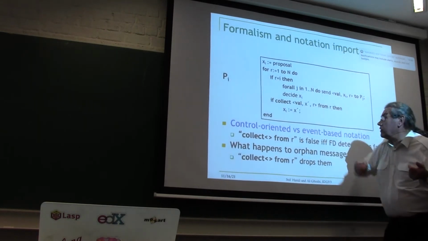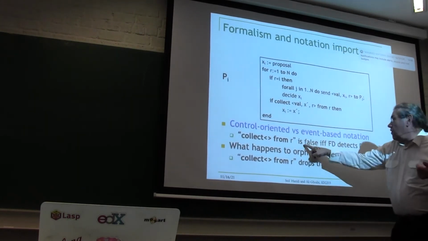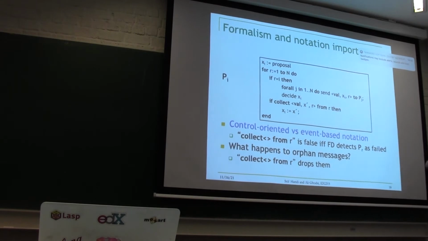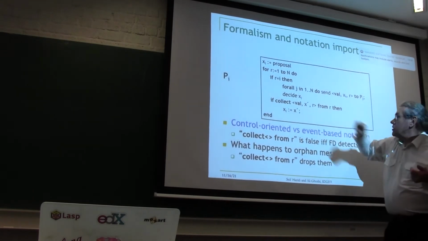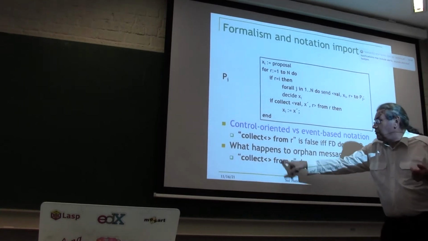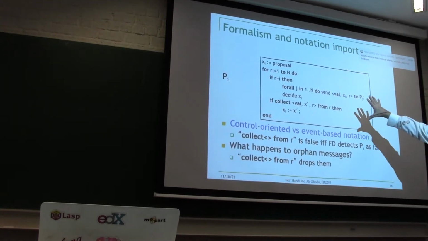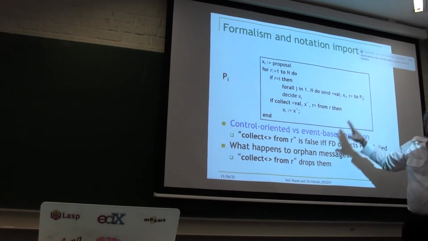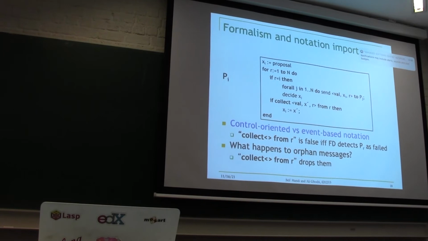So then it won't do anything, okay? So it's false if the failure detector detects the sending node as failed, and also it's very smart, it drops orphan messages, okay? So this is actually a very compact way of writing exactly the same algorithm we saw. Okay?